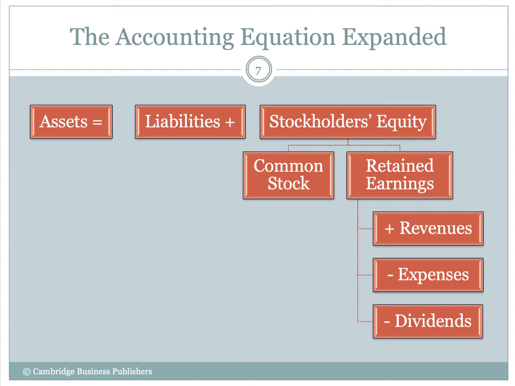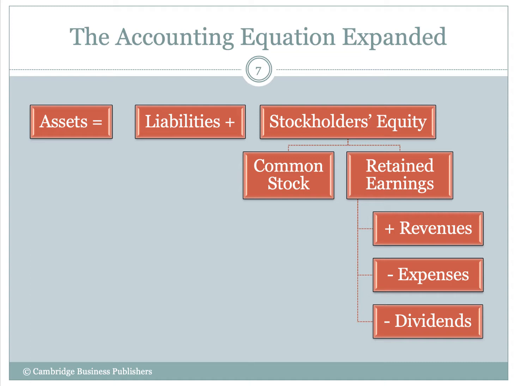Now, retained earnings is impacted by revenues, expenses, and dividends. Revenues increase retained earnings, which in turn increases stockholders' equity. Expenses decrease retained earnings, which also decreases stockholders' equity. Any dividends that we pay out, guess what? That decreases our retained earnings, and it also decreases our owner's equity or stockholders' equity.